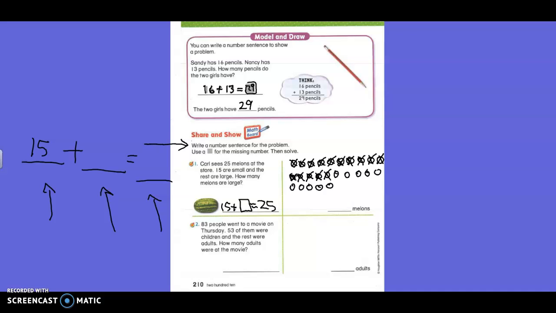How many did you count, Isaac? How many melons are left after you do 15? She's still drawing 25. Are you crossing out 15 or are you crossing out?